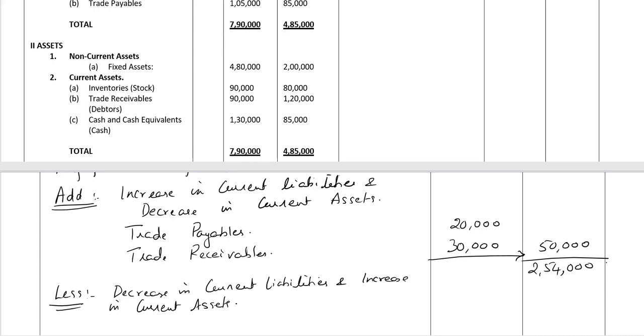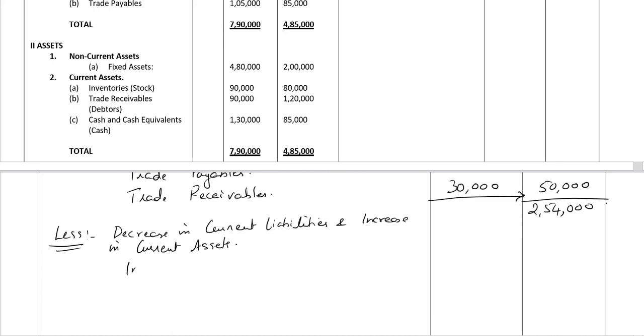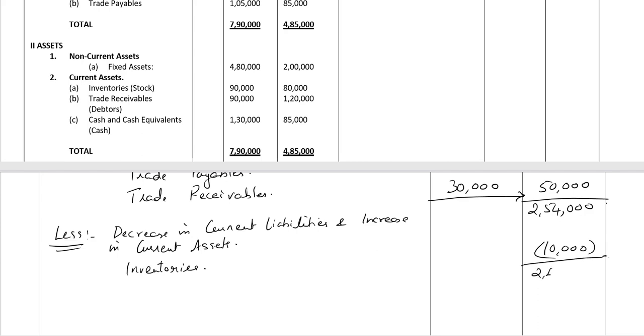We have inventories which has increased by 10,000 rupees. So inventories, that's the only item. 10,000 rupees to be deducted. 2,44,000 rupees. This is cash generated from operations.